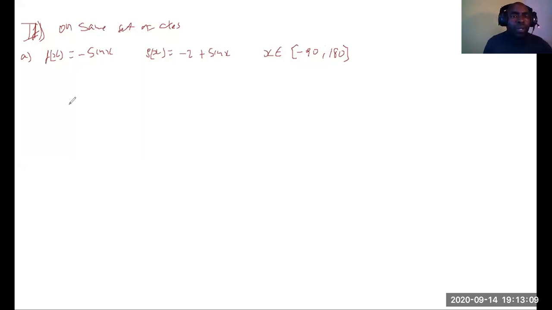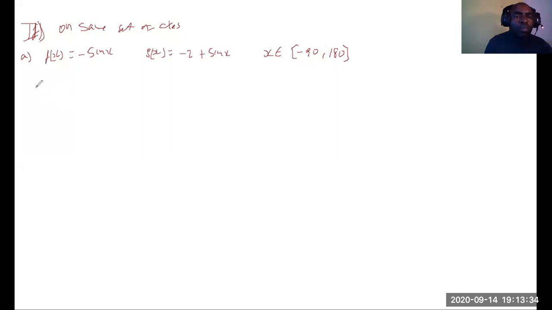Yes. So now here, if we look at the period, it has not changed. There's no change of period. So we'll go in the steps of 90s. And our domain that is given will give us all the critical values that we need.